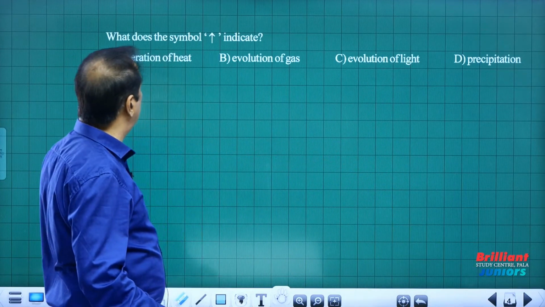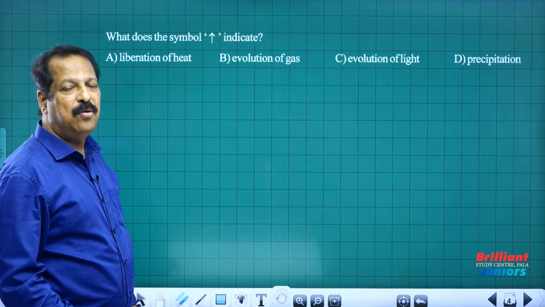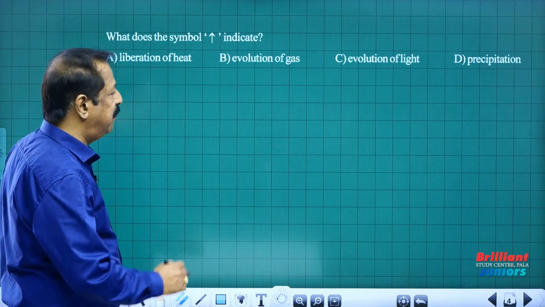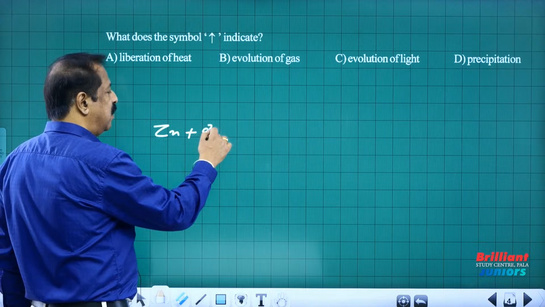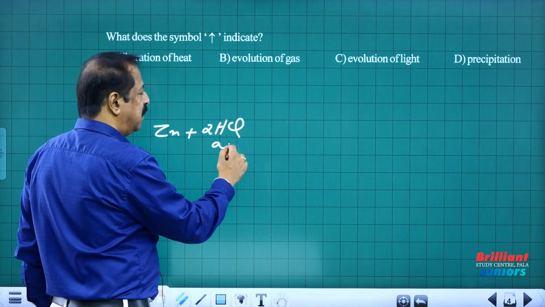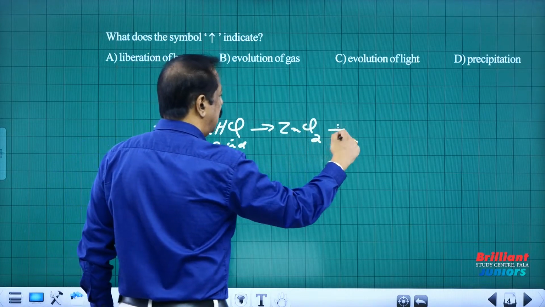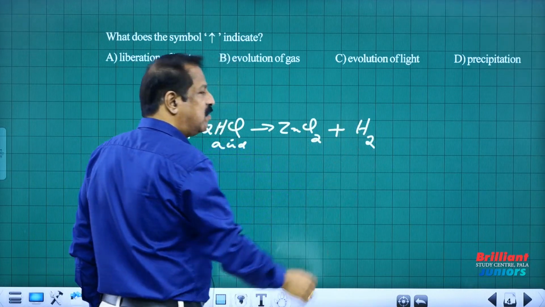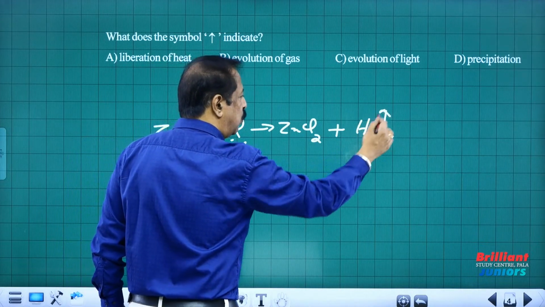The next question: what does this symbol represent? This symbol actually represents gas. I will give you some examples. You take zinc and put it in hydrochloric acid, and the products formed will be ZnCl2 plus hydrogen. Hydrogen normally exists in the form of gas, so it is noted like this.